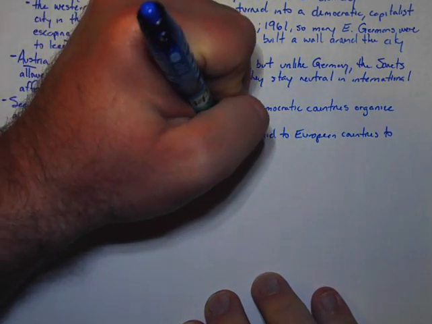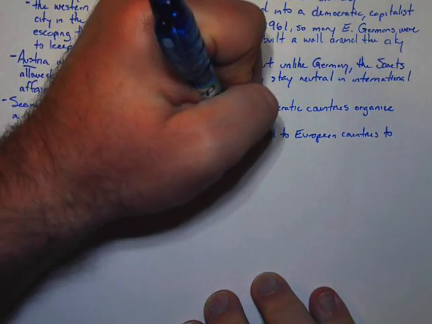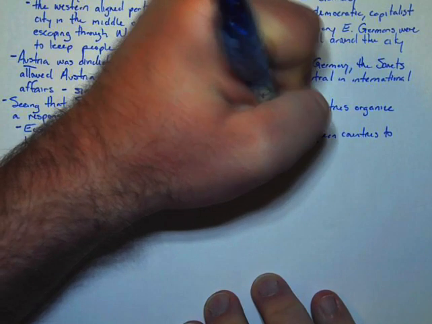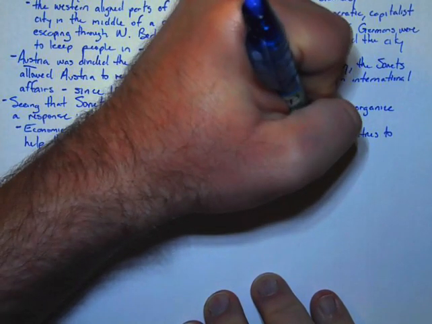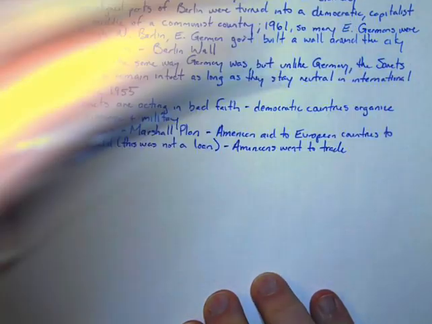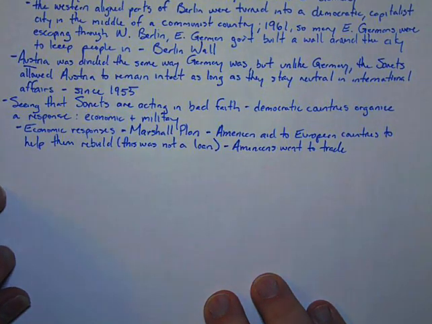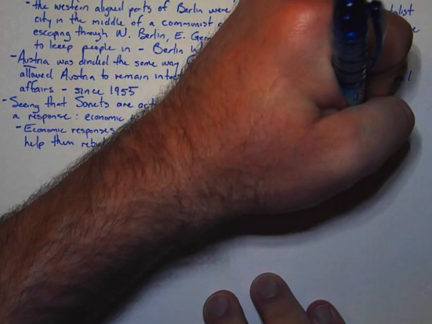So why do this? One, the Americans want to trade with European countries. And they can't trade with people who have a destroyed economy, so they want to help rebuild their economies. But they also want to make friends.